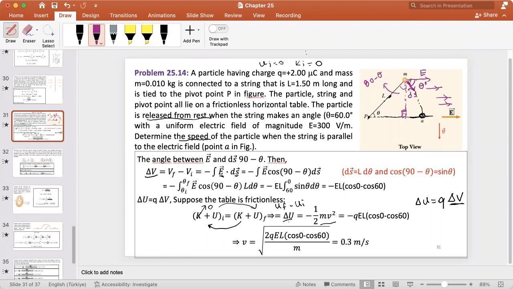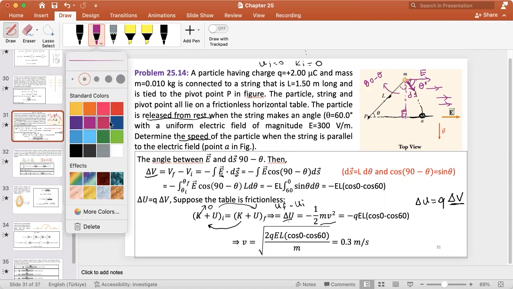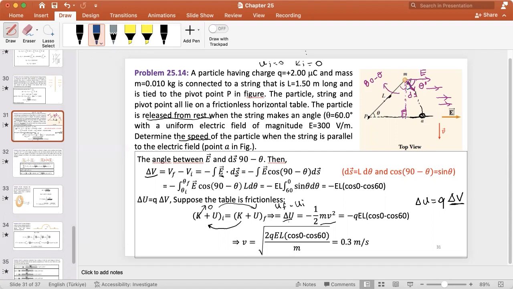Nice. Here I will change my color. The total is 90 degrees, so here the angle between the electrical field and ds is 90 minus theta, isn't it? Can you see? I hope it is clear.